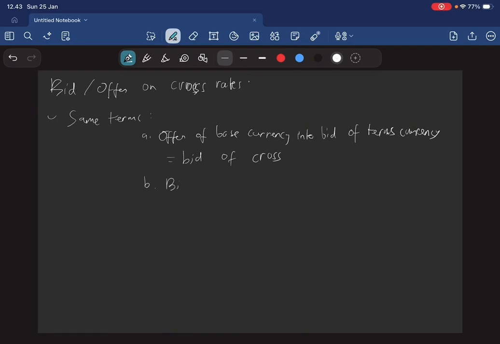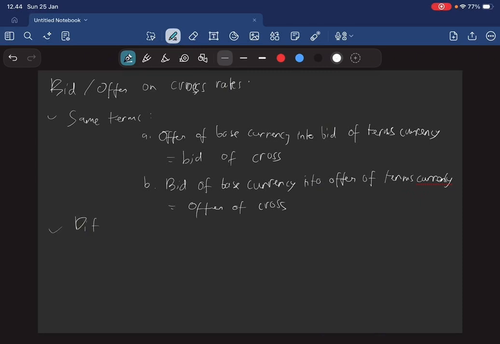Bid of base currency into offer of terms currency equals offer of cross.